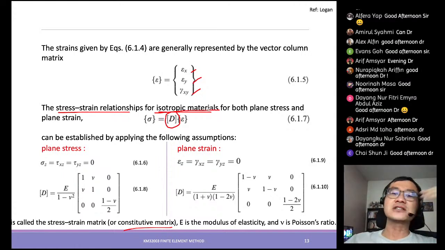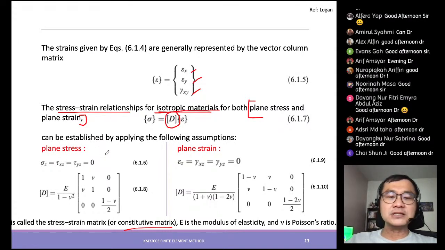In the x, y, and z directions, the Young modulus, the Poisson ratio and other properties would be the same. We call that isotropic materials. The only difference when we apply this constitutive matrix is depending on the type of problem that we are going to define, either a plane stress problem or a plane strain problem.